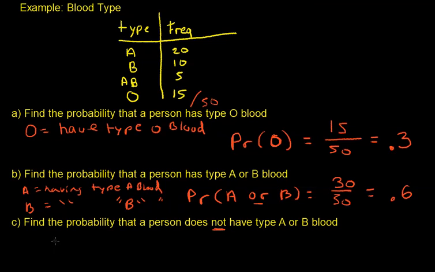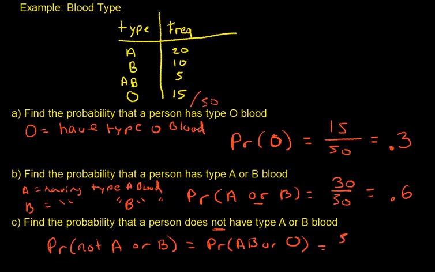So the probability of not A or B is equal to the probability of AB or O. That would be 5 plus 15, which is 20. So 20 divided by 50, which is 0.4.